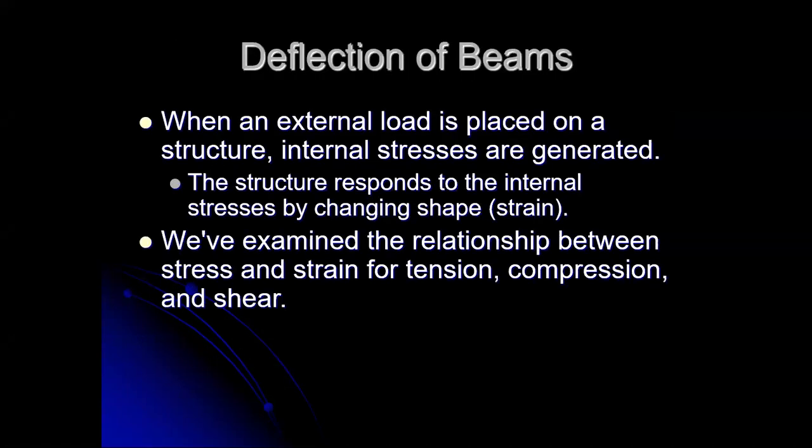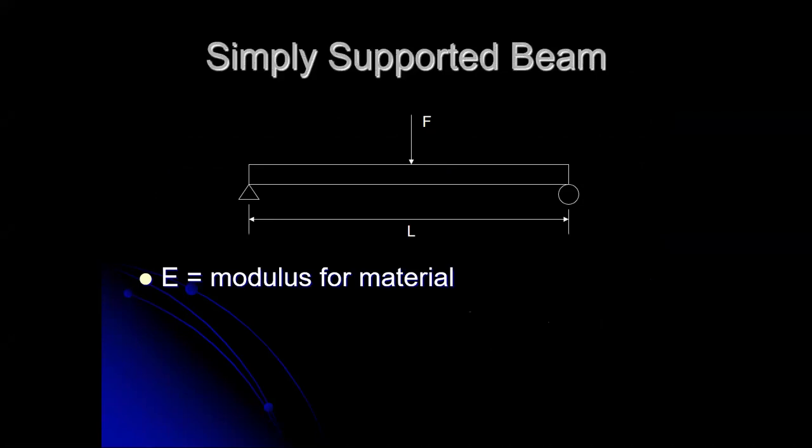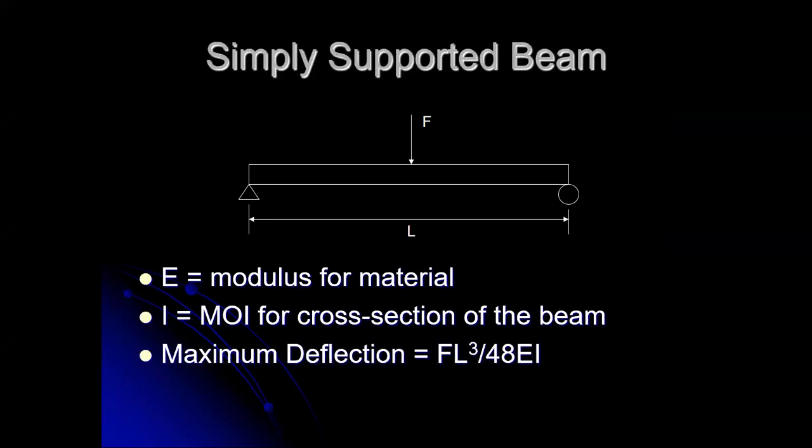We have our deflection of beams for a simply supported beam. We have the equation FL cubed over 48 EI. So max deflection for simply supported is FL cubed over 48 EI.